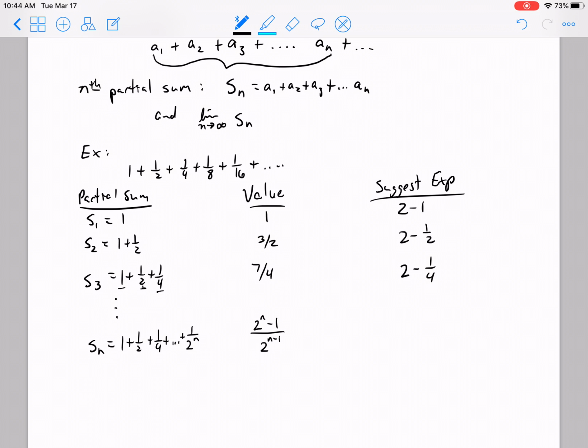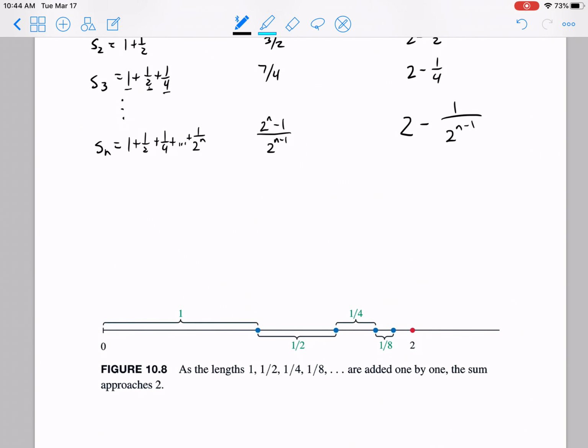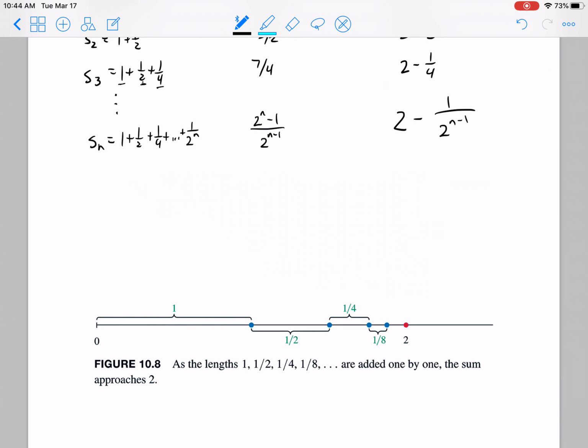And so we can write this as 2 minus 1 over 2 to the n minus 1. So basically we're looking at the pattern that's occurring and figuring out an expression that goes along with it. Okay, and there you go. You can see it right there, and that's what it's going to look like.